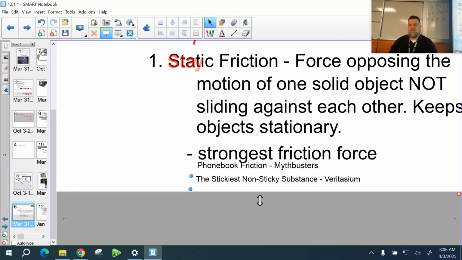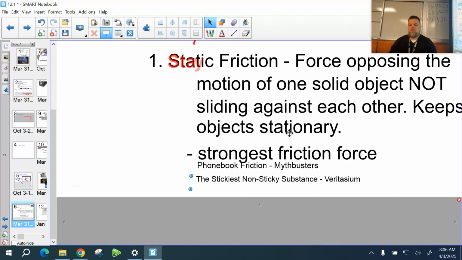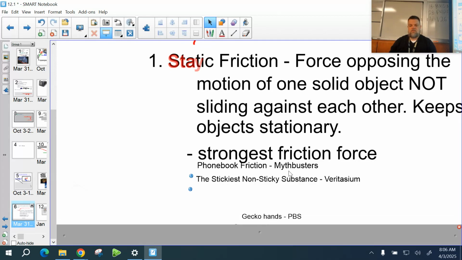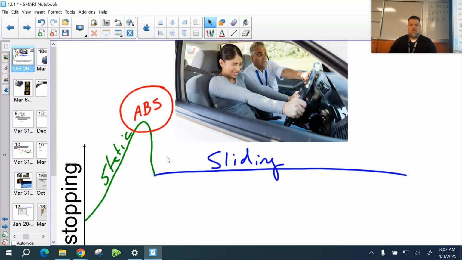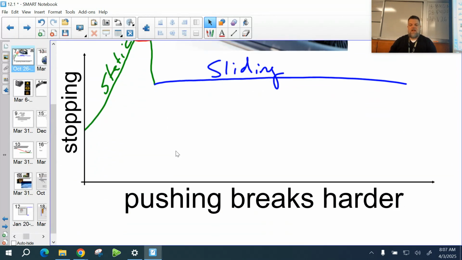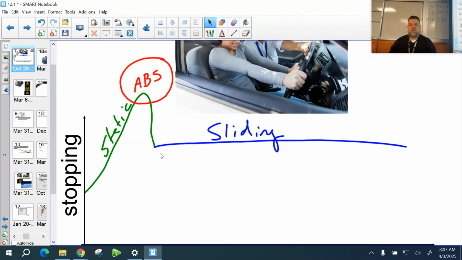All right. Another kind of friction, by the way, this is the strongest friction. I'm going to skip past this stuff. Another kind of friction is like a sliding friction.